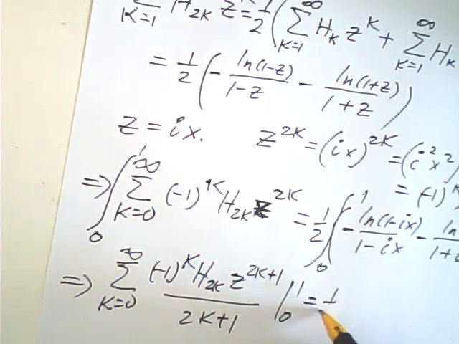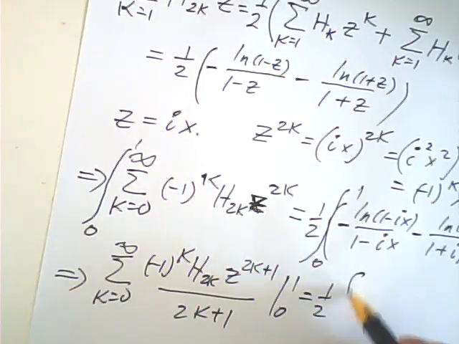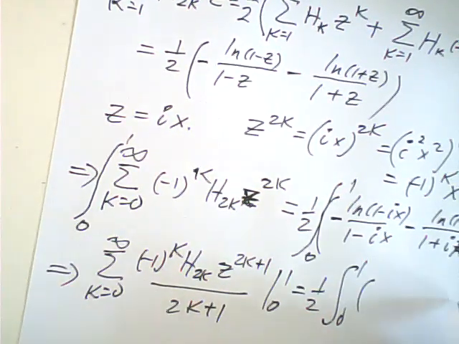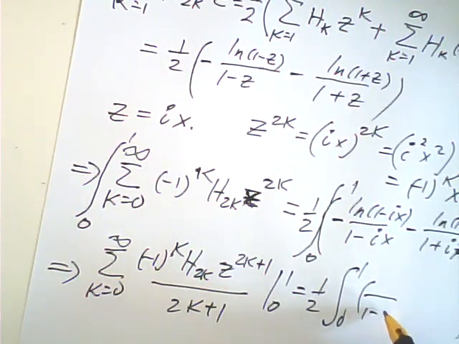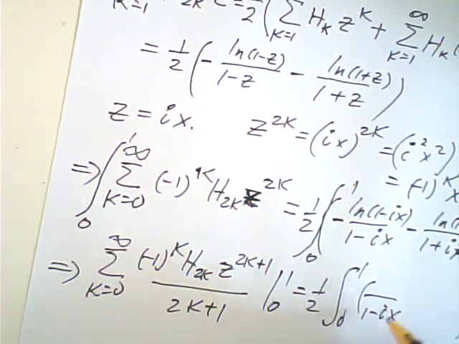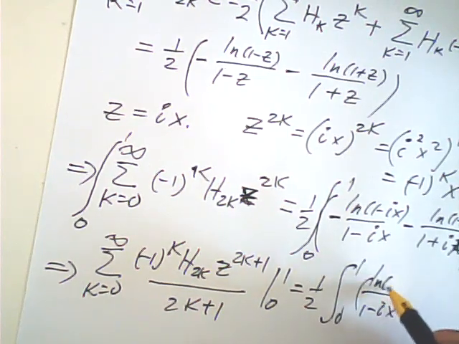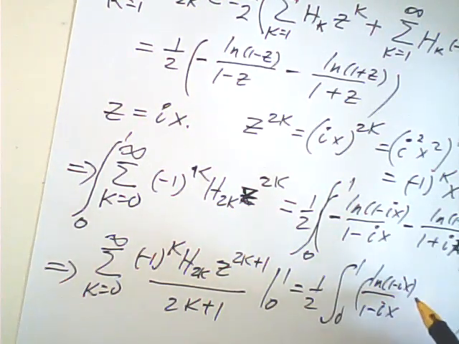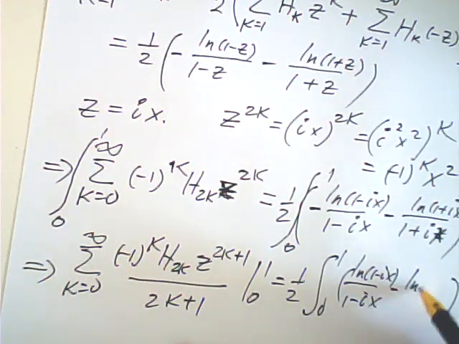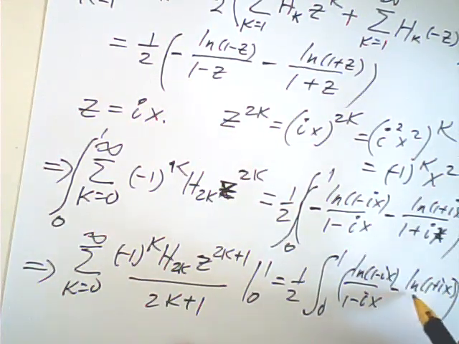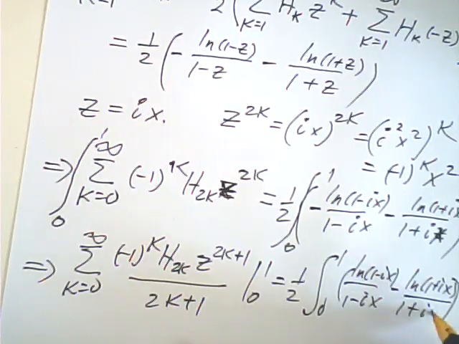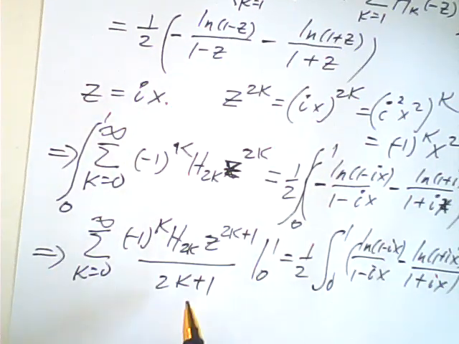And this is equal to 2 times the integral from 0 to 1 of all those things, minus ix log(1 minus ix) minus log(1 plus ix) over 1 plus ix. So we have this.